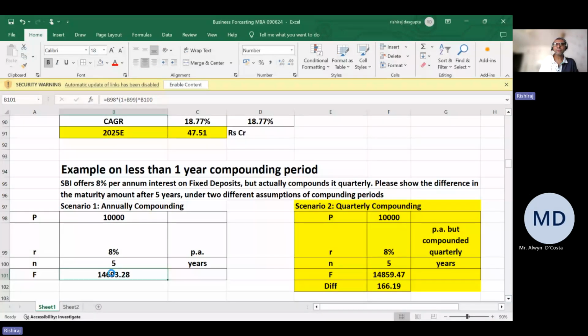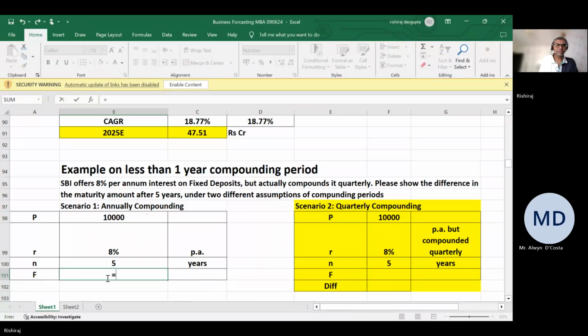So scenario 1 is 10,000 rupees I invest at 8% per annum, annually compounding, for 5 years. So I just use future value is present value 10,000 into the fundamental mathematical formula, 1 plus the rate of compounding 8% to the power of the number of years, 5 years.